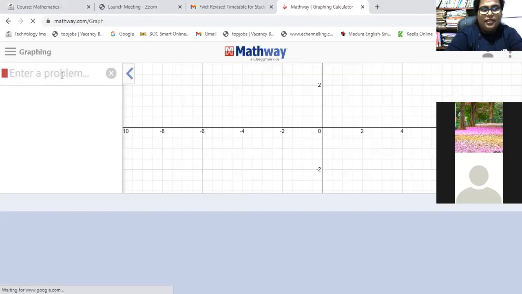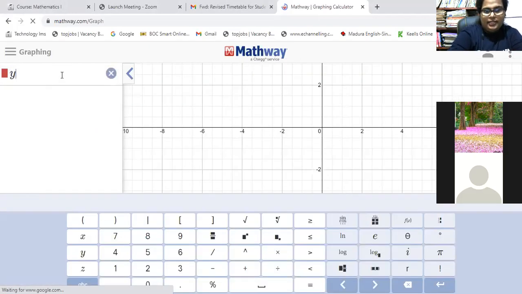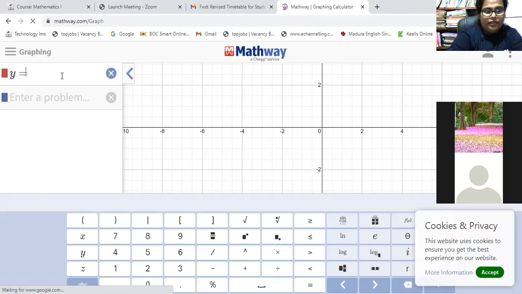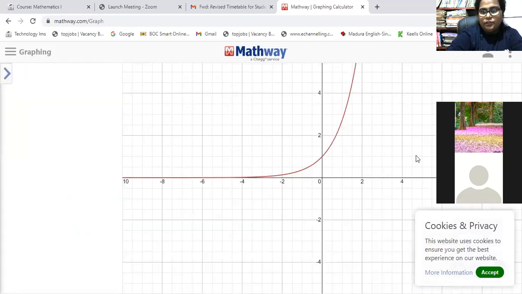Then you can get the graph of it. So y equals, I will give e to the power x here, right? You have to input the graph like this, e to the power x. So here you can see this is the graph of e to the power x.